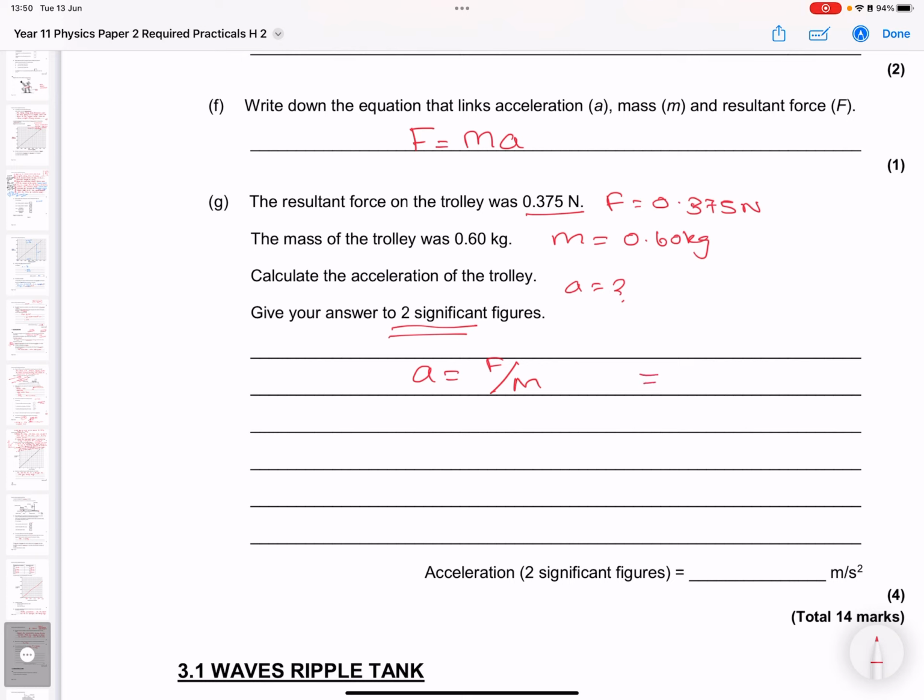That is 0.375 newton divided by 0.60 kilogram. 0.375 divided by 0.60 should give you 0.625, but to 2 significant figures, that should give you 0.63.